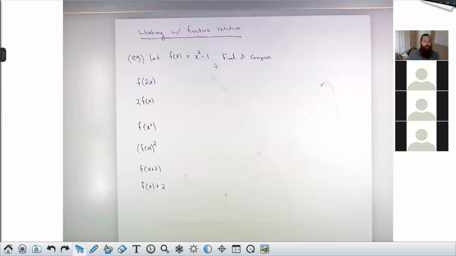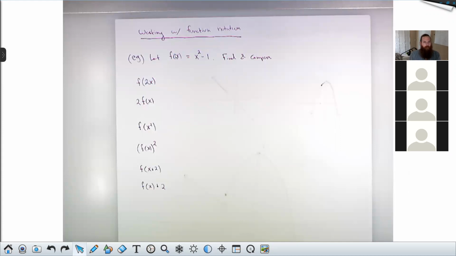Remember, you can think of the function as the rule or the machine that takes the input x and sends it to the output x squared minus 1. So whatever's in the parentheses here is what the machine is eating. And then whatever you put on the outside, whatever your result is, that's what the machine is spitting out. So here I want to feed the machine f the input 2x.